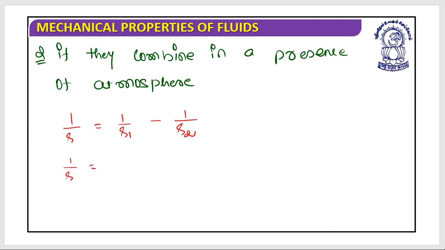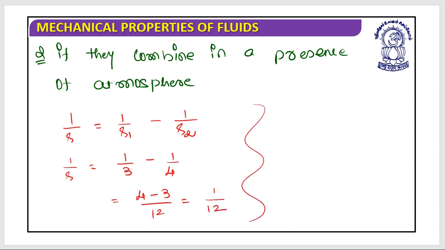So 1 by r is equal to 1 by 3 minus 1 by 4, which is 4 minus 3 by 12, which is 1 by 12. From this, r is equal to 12 centimeter. I hope this is clear. Great.